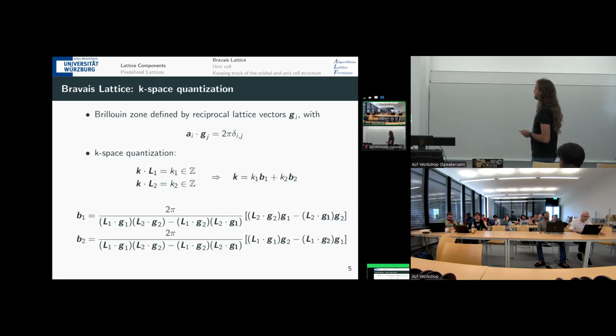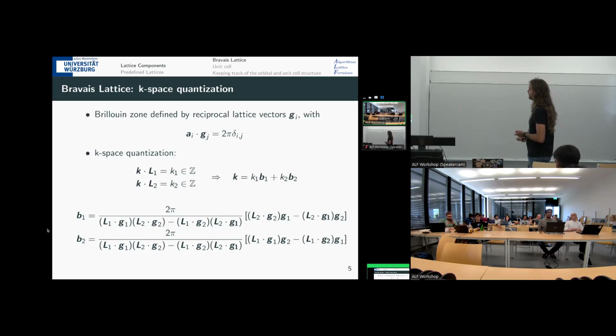Now some basic formalities on how the Bravais lattice is implemented. The Brillouin zone is defined by the reciprocal lattice vectors with these orthogonality definitions, and then we have a k-space quantization, which is defined by these vectors that define the periodicity of our lattice.